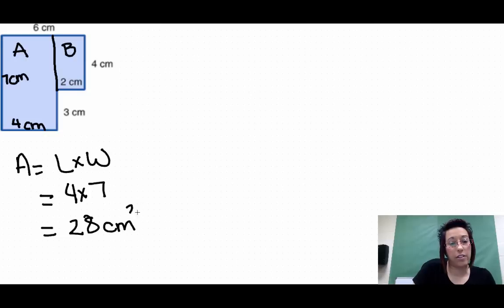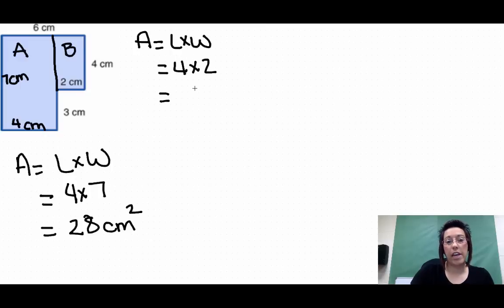It is area, so it's squared. This is for piece A. For piece B up here, length times width, so 4 times 2. Area equals 8 centimeters squared.